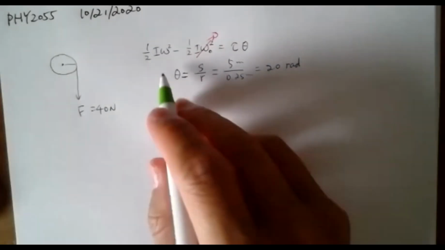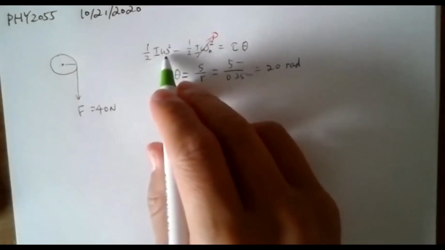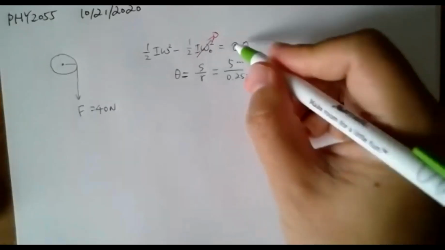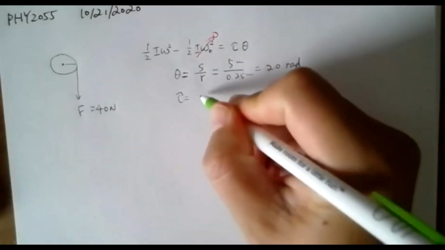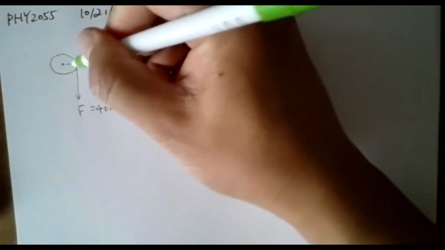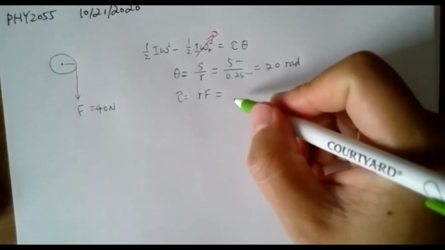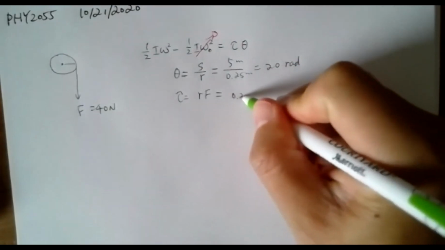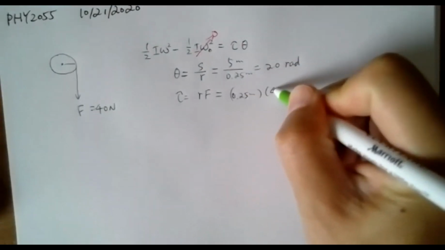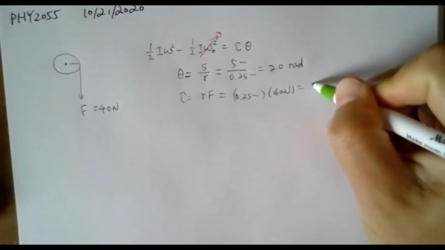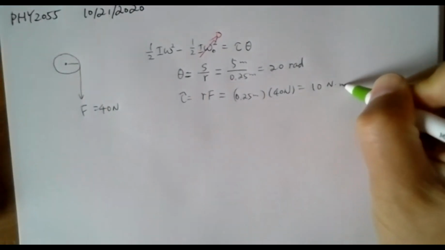All right, so then it gives you I, you're looking for omega, right? So you can solve for that. And the torque should be equal to R times F. In this case, R and F are perpendicular to each other all the time. So this is 0.25 meters times 40 newtons, that would be 10 newton meters.